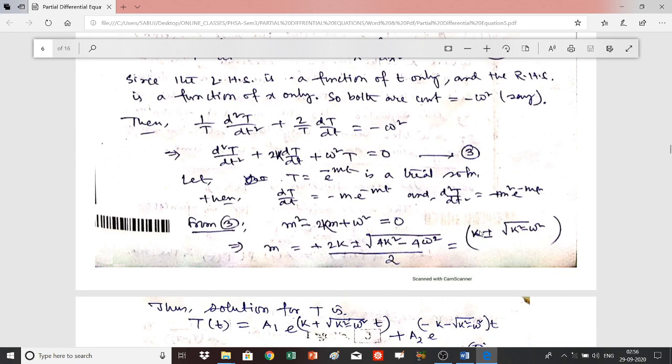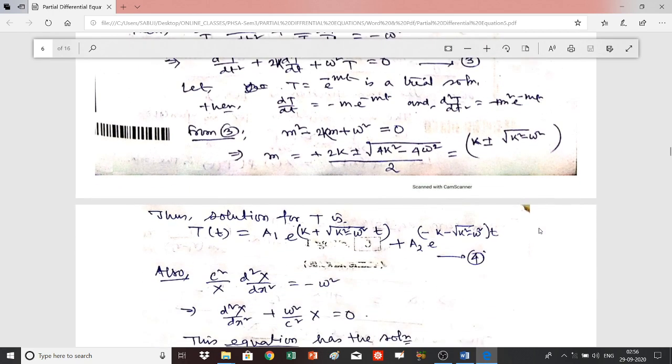That will give you k plus minus root over k square minus omega square. So the solution is now T(t) is equal to a1 e to the power (k plus root over k square minus omega square) t plus a2 e to the power (minus k minus root over k square minus omega square) t. This is the solution for T.